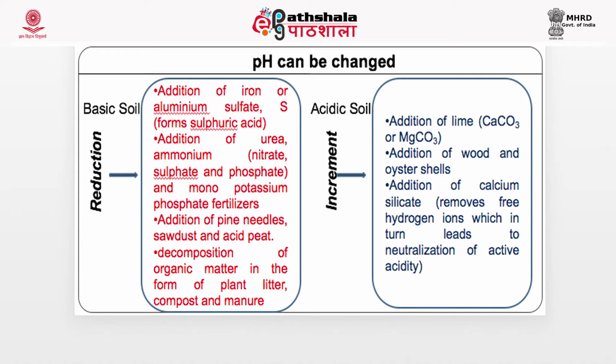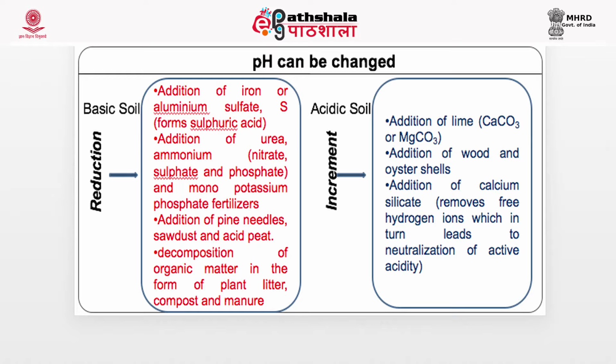Even addition of urea, ammonium, their nitrate, sulfate and phosphate forms, as well as monopotassium phosphate fertilizers are used to reduce the pH. Even addition of pine needles, sawdust and acid peat will also reduce pH. The decomposition of organic matter in the form of plant litter, compost and manure will also decrease the pH of basic soils.